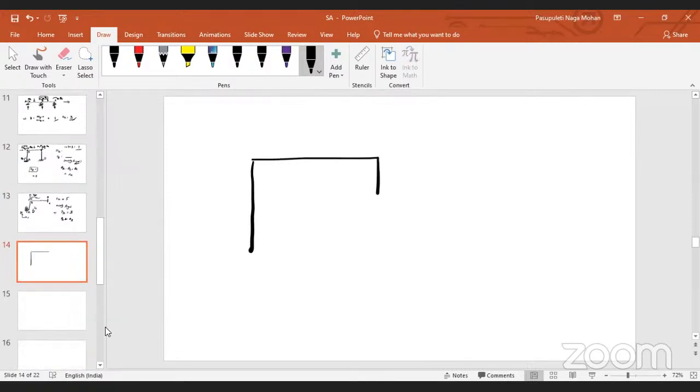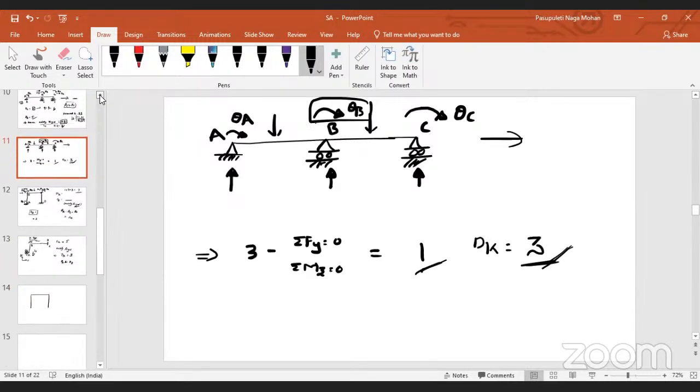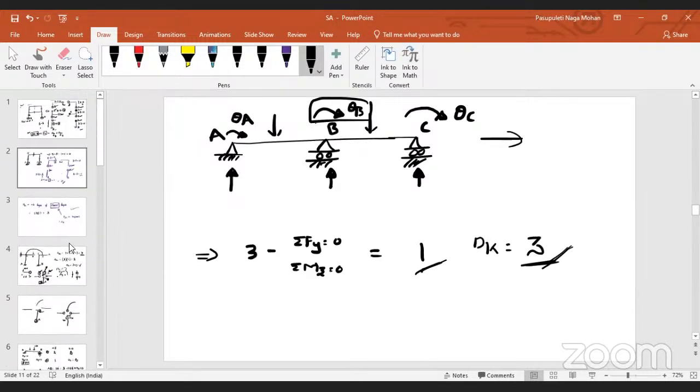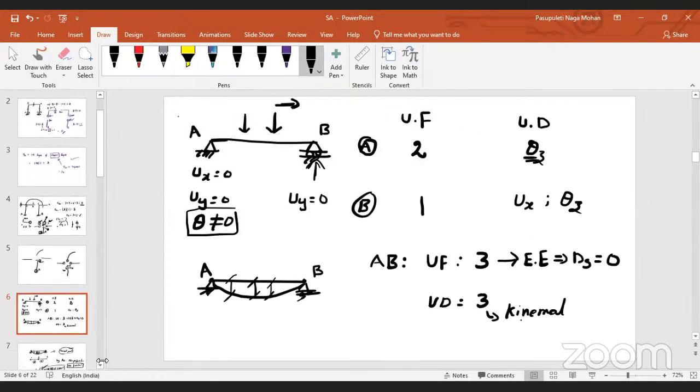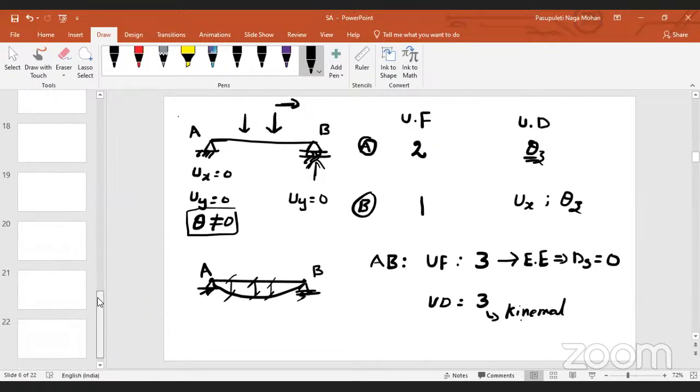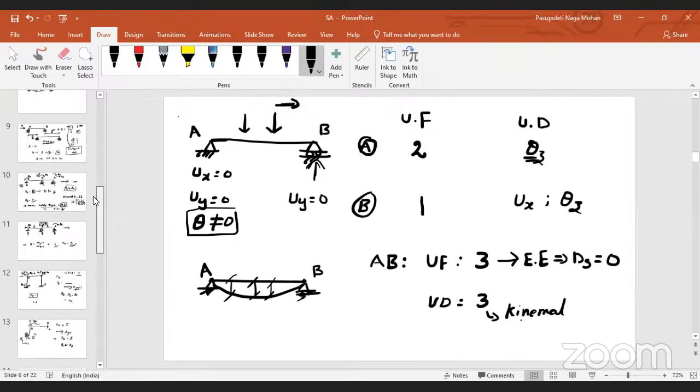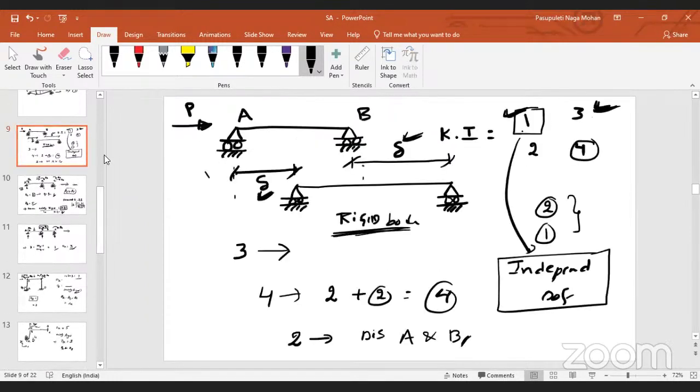Members being axially rigid means the member might move to another place, just like in this example. As they are axially rigid, it might move to one place.